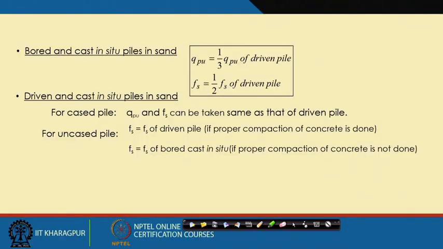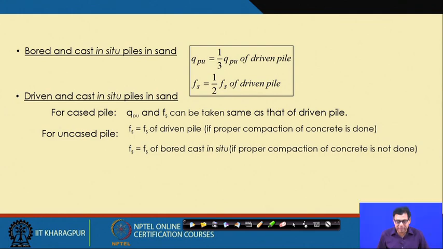Now, if the pile is bored or cast in situ, then the tip resistance is 1/3 of that given for the driven pile. And the frictional resistance is half of the friction resistance that you will get for the driven pile.